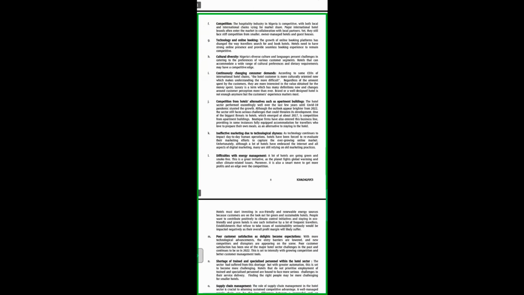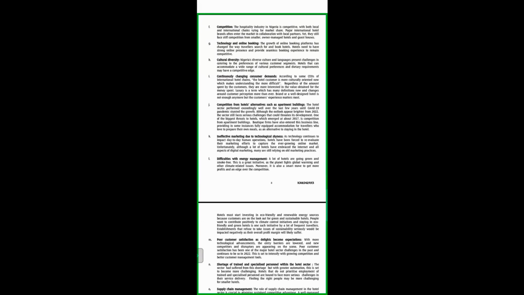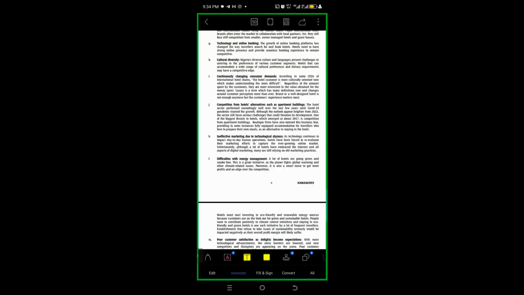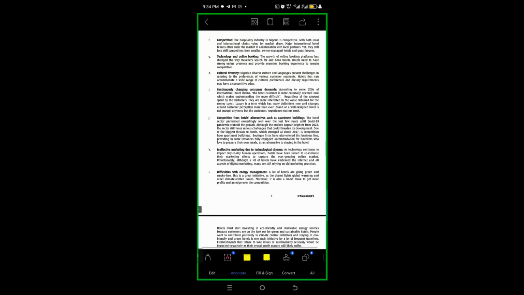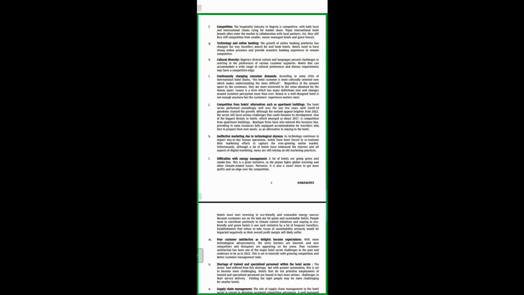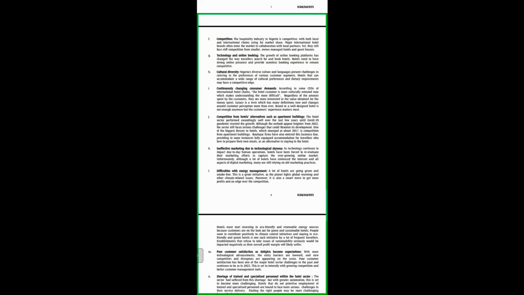I, continuously changing customer demand. According to some CEOs of international hotel chains, the hotel customer is more culturally oriented now, which makes understanding them more difficult. Regardless of the amount spent, customers are more interested in the value obtained for the money spent.